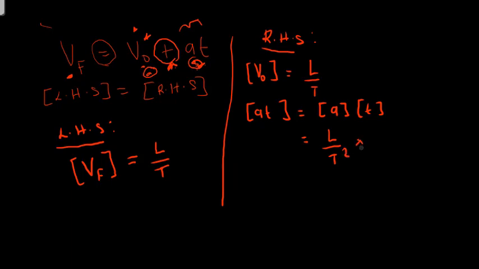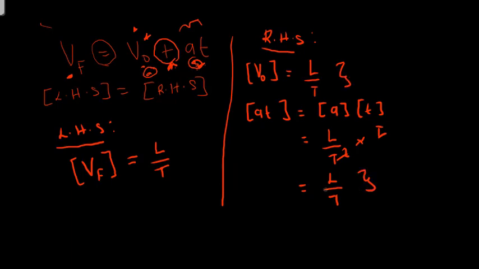Then this will be multiplied by dimensions of time, which is just capital letter T. Now, according to rule number 3, these can be treated as algebraic expressions, meaning this multiplication can occur because this is the same base T and this is the same base T. So you have one T there cancelling out with one T there. So you will just remain with L over T. And you can tell that the dimensions here are the same as the dimensions here.